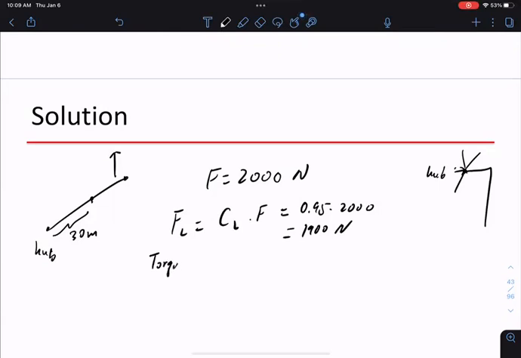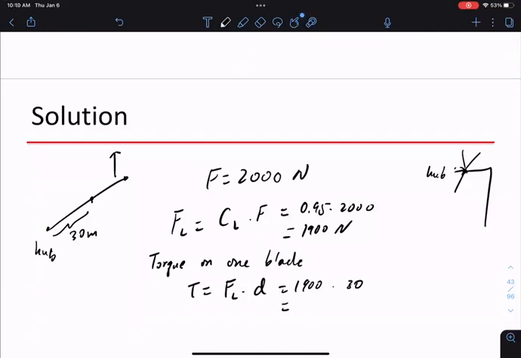So I have a torque on one blade. This torque is how much linear force I have at the center of gravity, multiplied by how far away I am. So this is 1900 multiplied by 30 meters. So this gives us a torque on one blade.